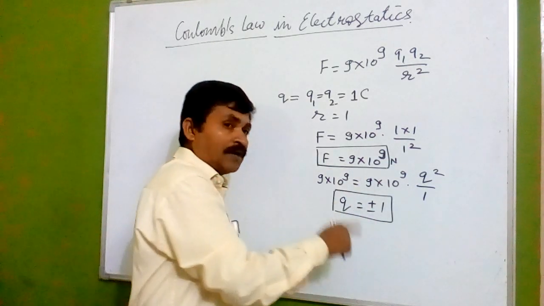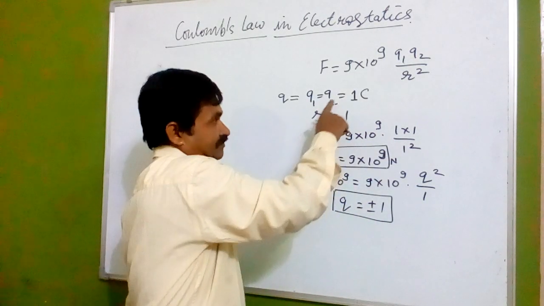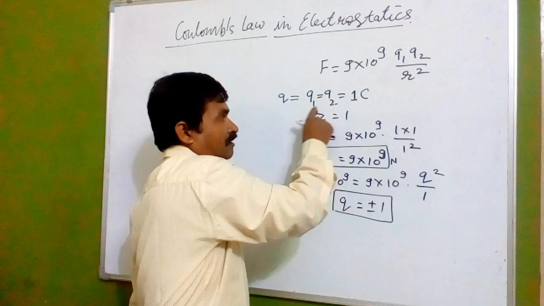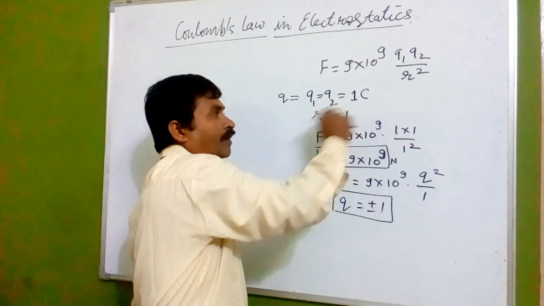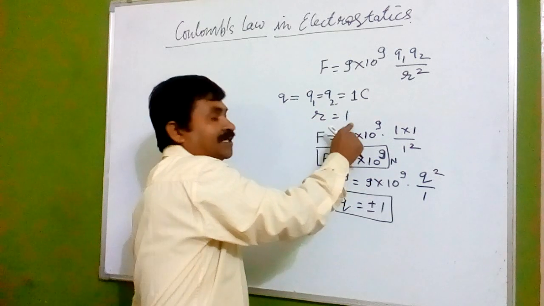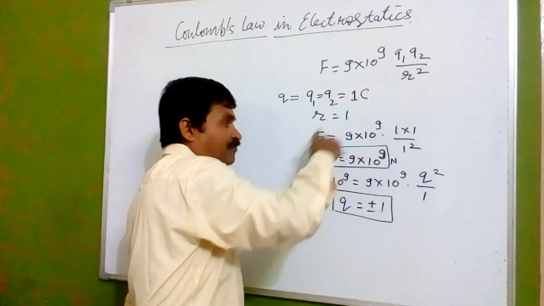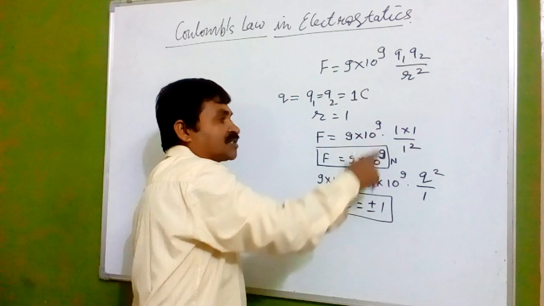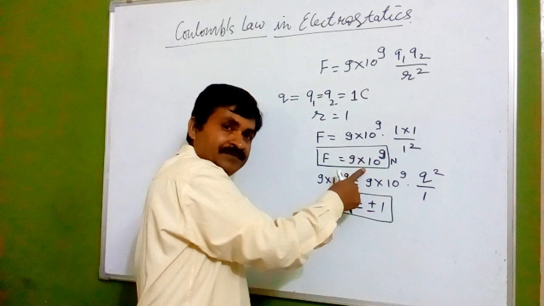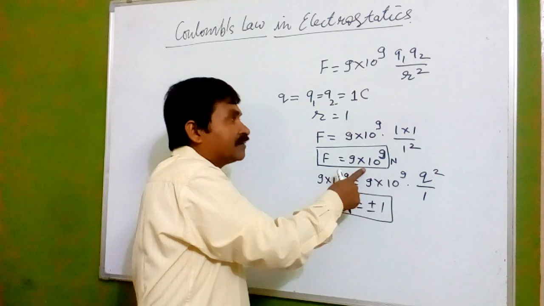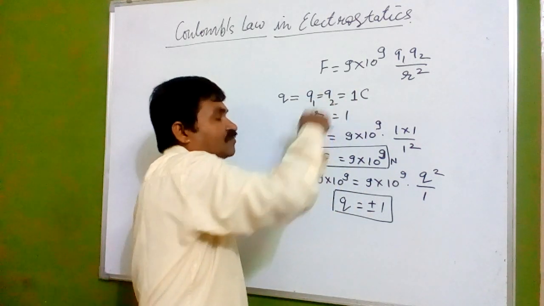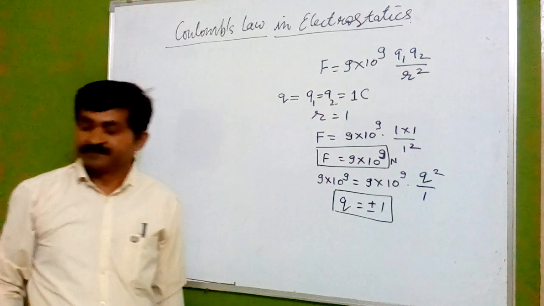So 1 coulomb of charge we can define in this manner: Q1 equals Q2 equals 1 coulomb, separated at a unit distance of 1 meter, exerts a force of 9 into 10 raised to the power 9 Newton. Then its magnitude of the charges will be 1 coulomb.